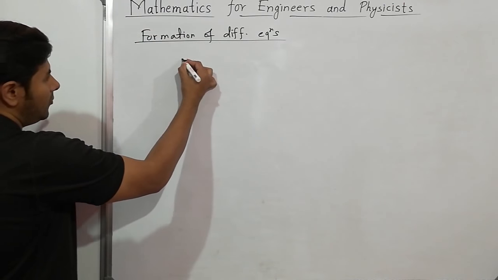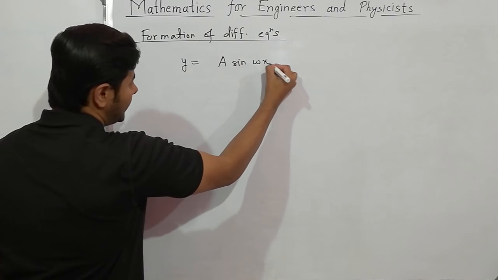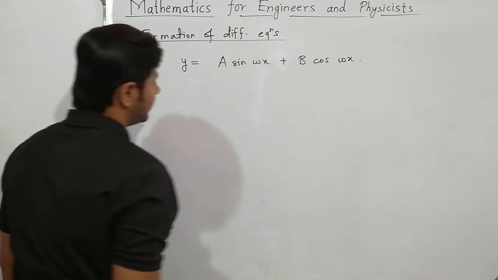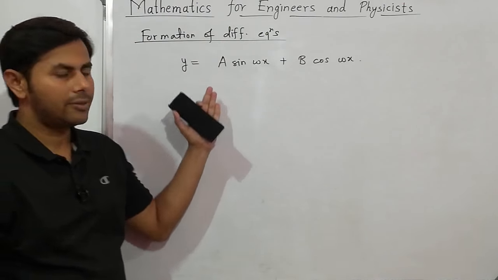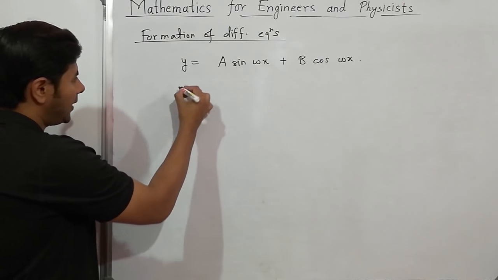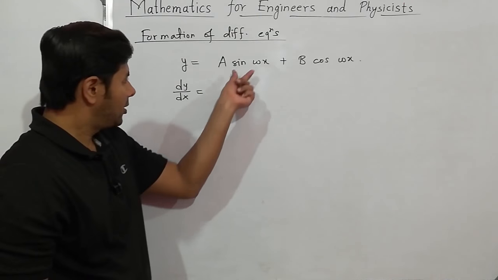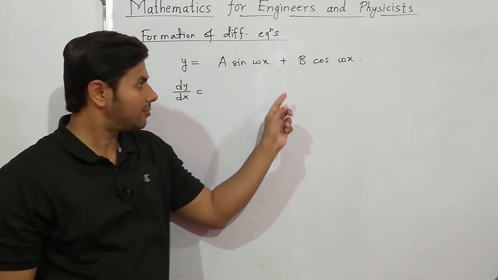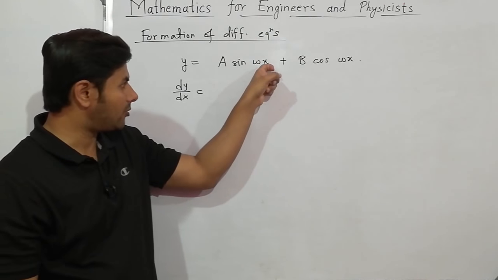So suppose now y equals to a sine omega x plus b into cos of omega x. Now let's take derivative of this with respect to x. So I can write dy by dx equals to derivative of sine omega x will be cos of omega x, but notice this omega x here, we don't have x, we have omega x.